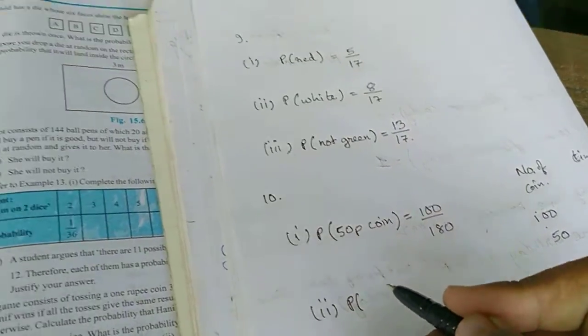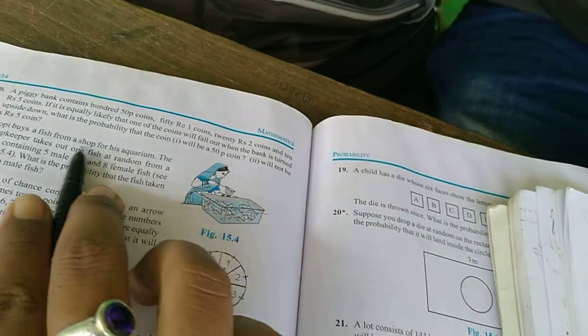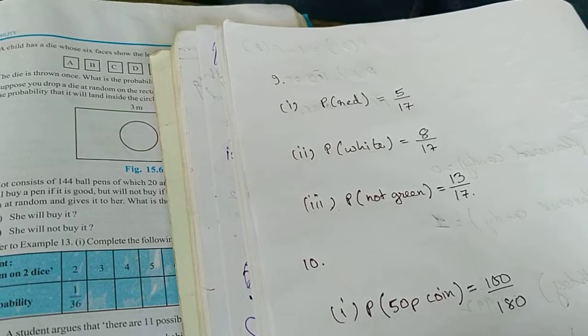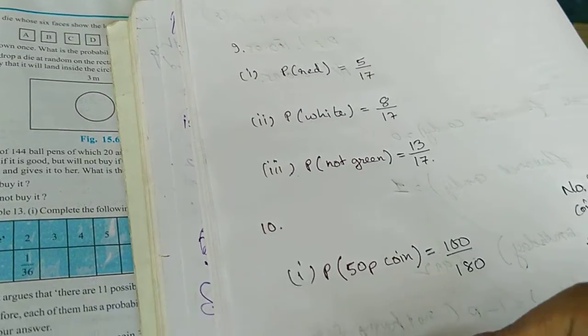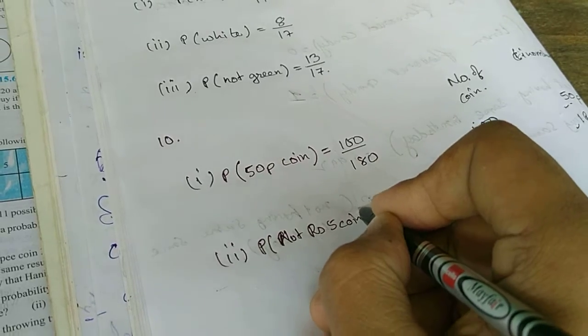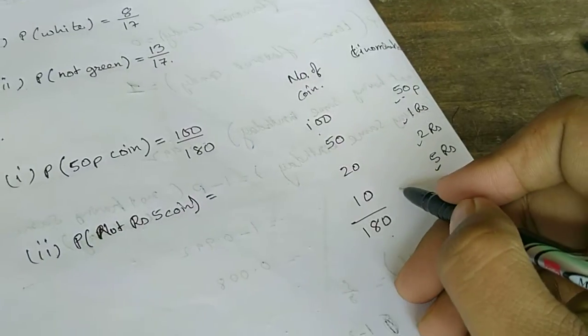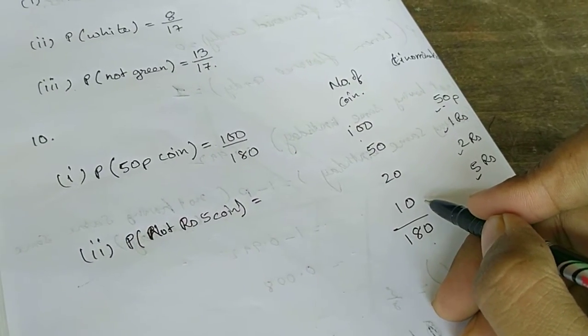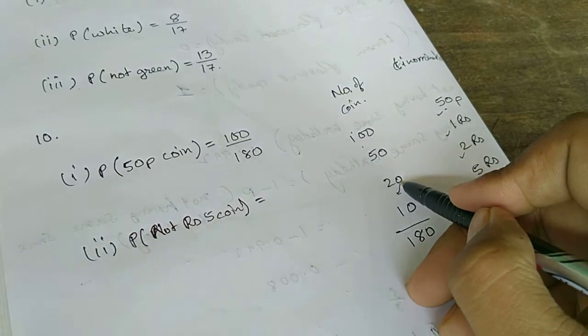Then the second part, the probability that the coin will not be a 5 rupees coin. So how many are not 5 rupees coins? That means all of these.